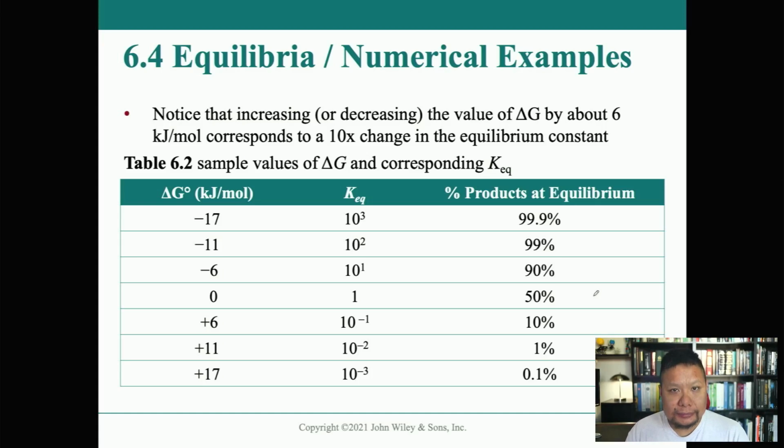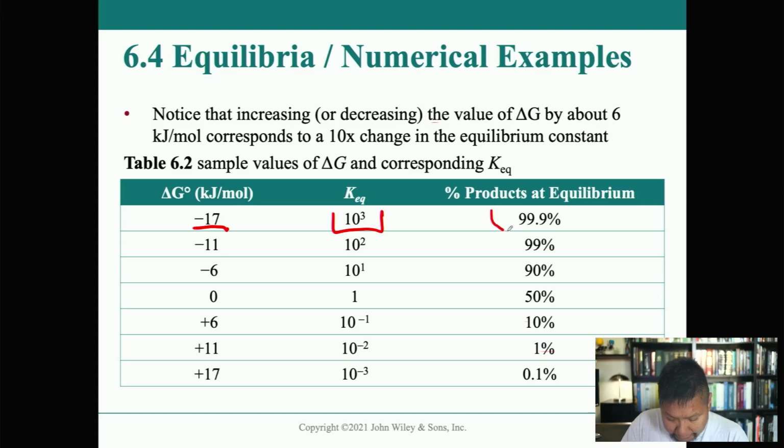Okay, so now we have a chart that shows some chemical equilibriums, some KEQs, and their corresponding delta Gs. Notice up here when we have a delta G of negative 17, the KEQ is 10 to the third, which is a pretty big number, right? Not as big as any of those acid-base numbers, but it's pretty big still.